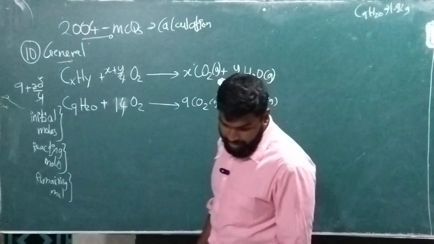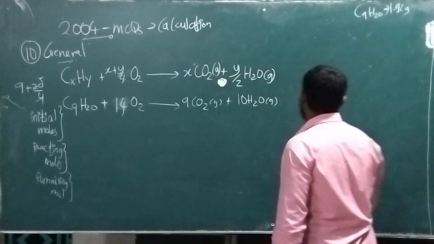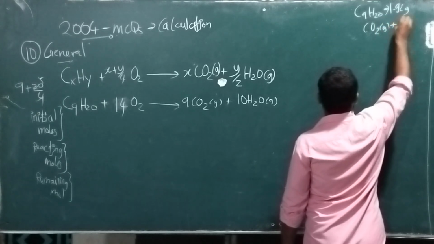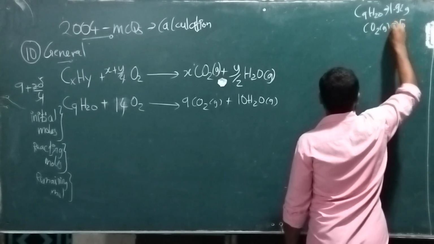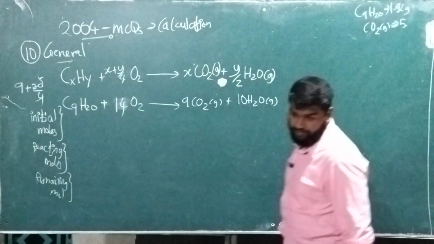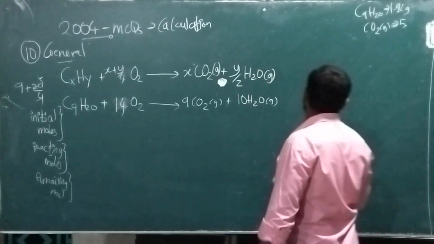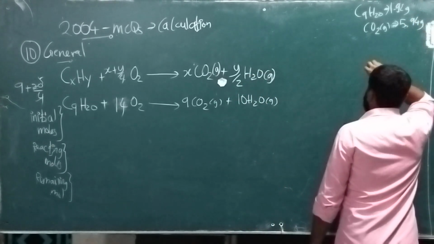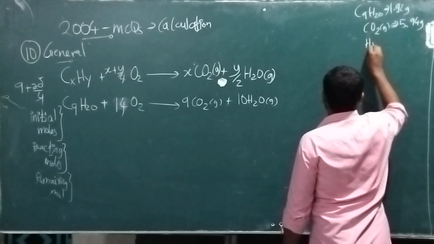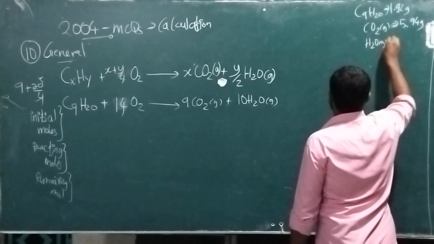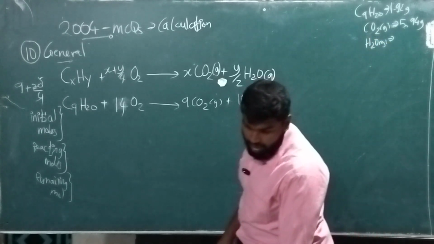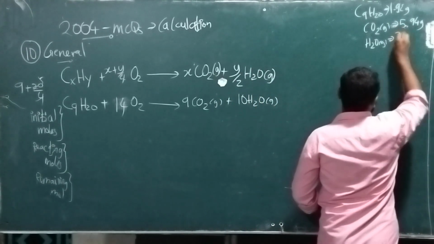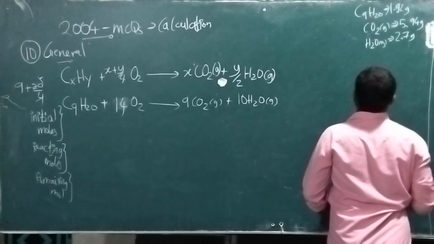At the same time, the amount of carbon dioxide gas formed is 5.94 grams. Then you have water vapor also, the water vapor gas, that is 2.7 grams.